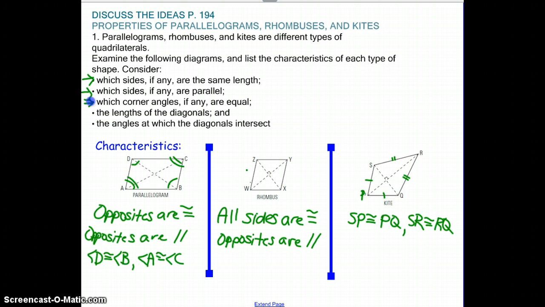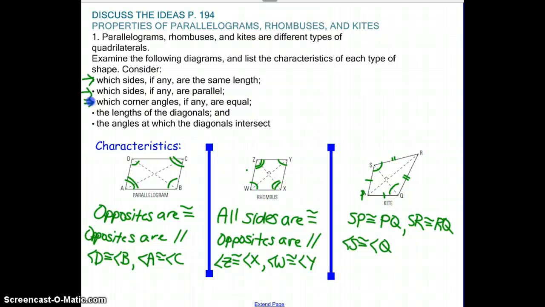The ones across from each other are congruent. So angle Z is congruent to angle X, and angle W is congruent to angle Y. And with the kite, we have just these two are congruent, not R and P. So angle S is congruent to angle Q.